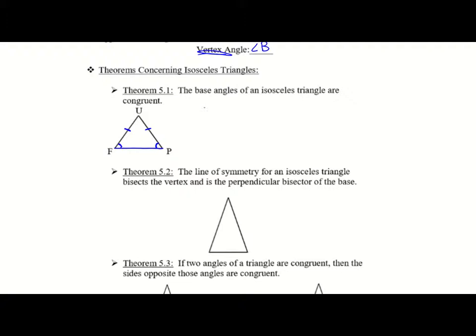So we can write that as angle UFP is congruent to angle UPF. Okay, my F is in the middle for my first angle, and my P is in the middle for the second angle, because those are the two angles we're talking about. So those are my base angles in an isosceles triangle, and they're always going to be congruent.